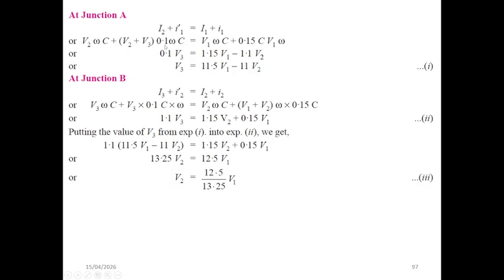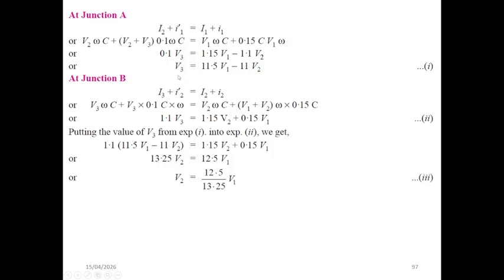We can write this, and then replace current with voltage, and this equation is simplified to express V3 in terms of V1 and V2, as you can see in this equation.